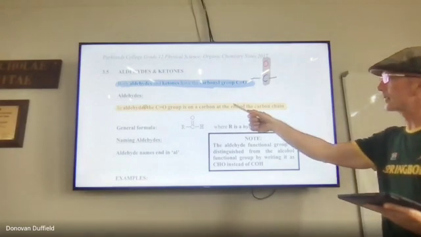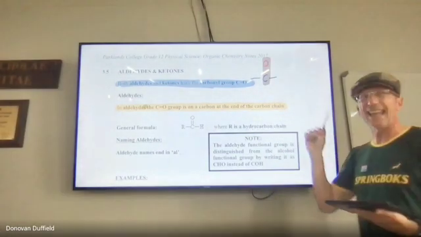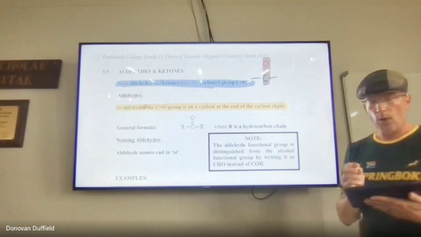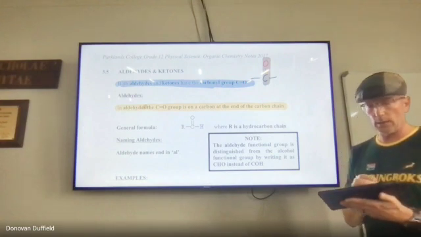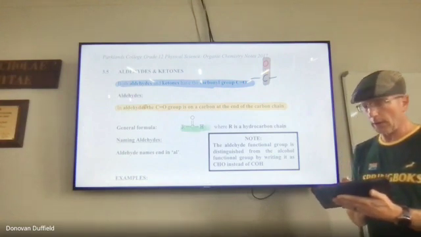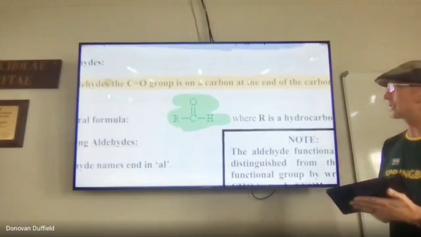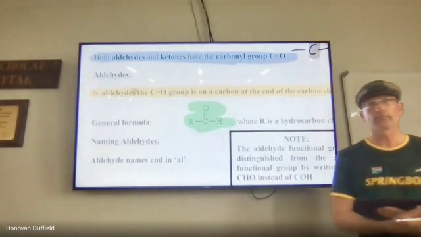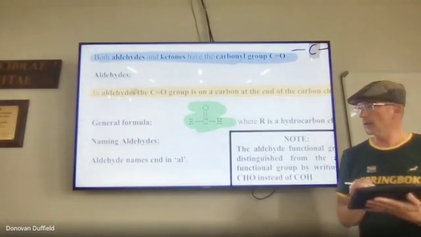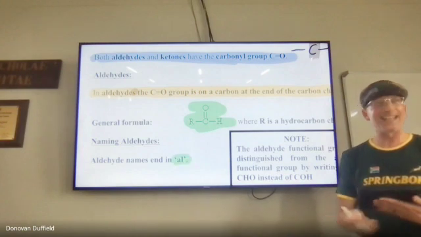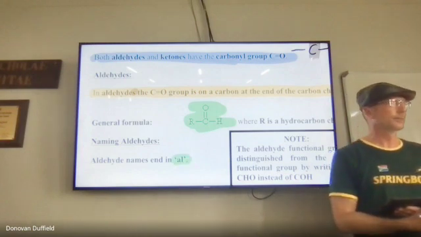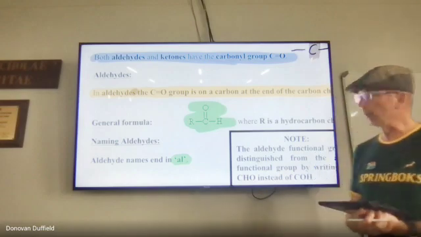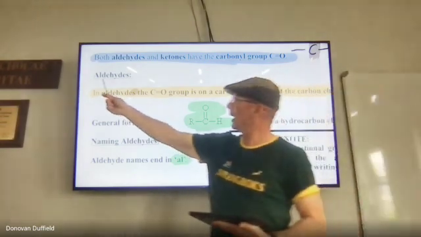In aldehydes, the C double bond O group is a carbon at the end of the carbon chain. So when you are dealing with an aldehyde, you are going to have this structure, and the suffix that we use is -al. Aldehyde, -al.